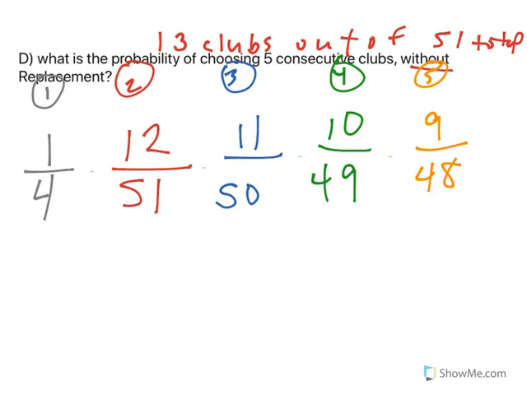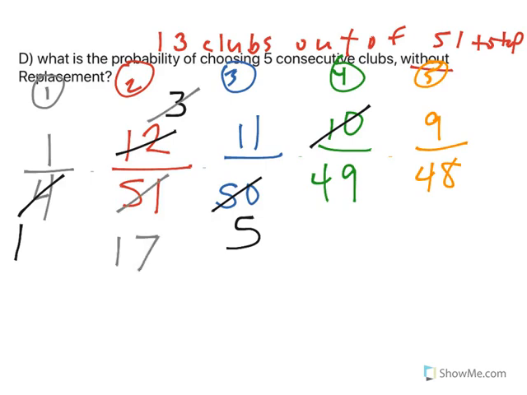But let's just practice a little bit of reducing. I mean, 10 goes into 50 5 times. 4 goes into 12 3 times. 3 goes into 51 17 times. 9 and 48 are both reducible by 3. Is that it? I think so.